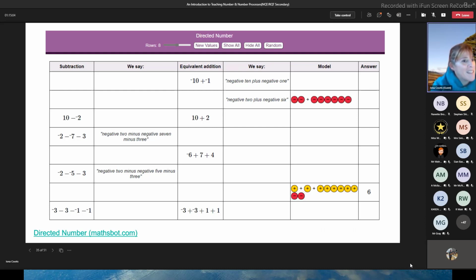It's how do we say these calculations, what's the equivalent addition and subtraction, how can we represent this? We're using double-sided counters, and what's the answer? And they fill in the blanks and off they go. So a really nice little activity that you might find useful with your learners if you're about to do or going to be doing relatively soon some integer arithmetic.